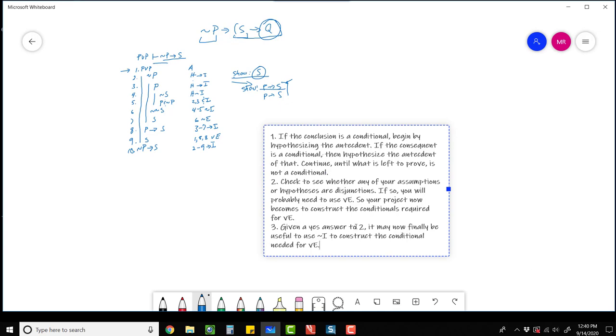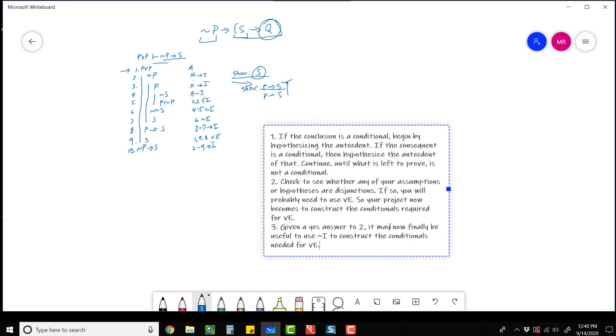Okay, so given a yes answer to 2, it may then become useful to use negation introduction in creating the conditionals you need for disjunction elimination. Sometimes you'll need it, sometimes you won't, but it's there for you to use.